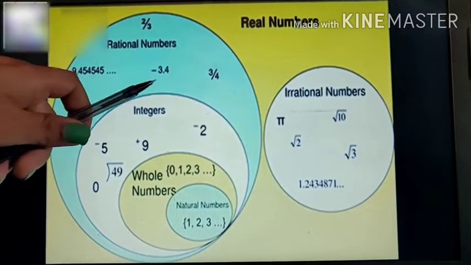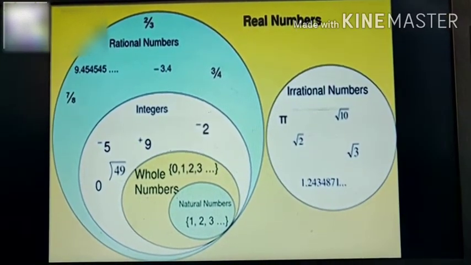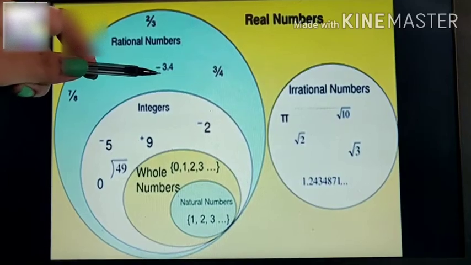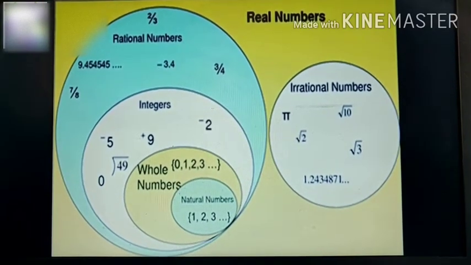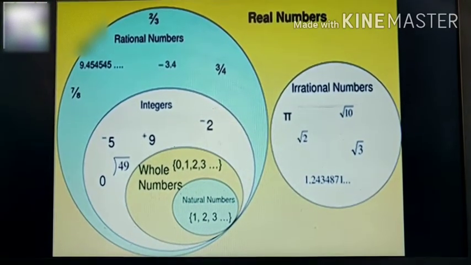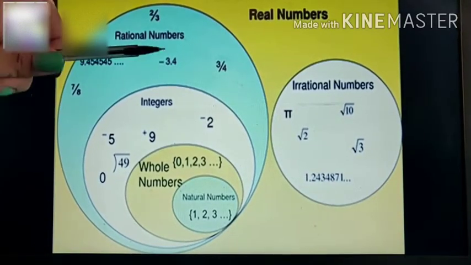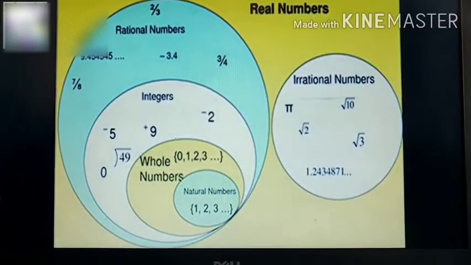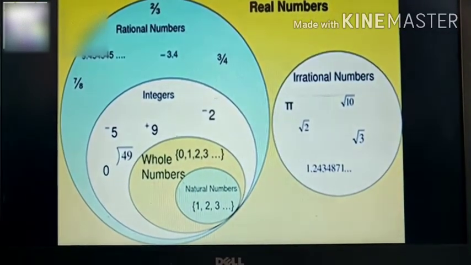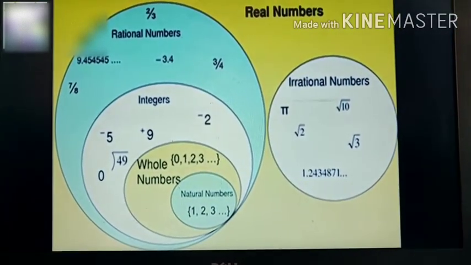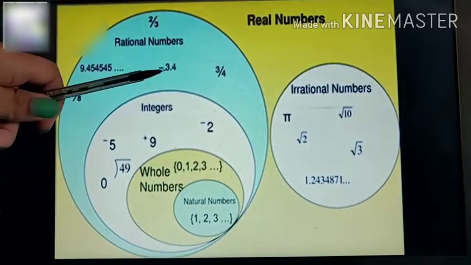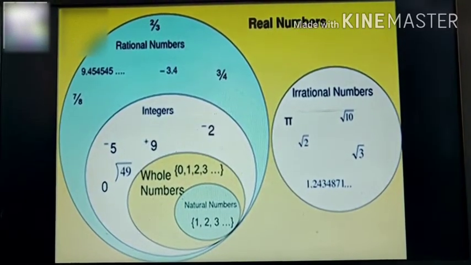See this number, minus 3.4. Minus 3.4 can be written in the form of numerator upon denominator. How? If I remove the decimal point, it will be minus 34 upon 10. So minus 34 upon 10 is in the form of numerator upon denominator. So minus 3.4 is also a rational number.